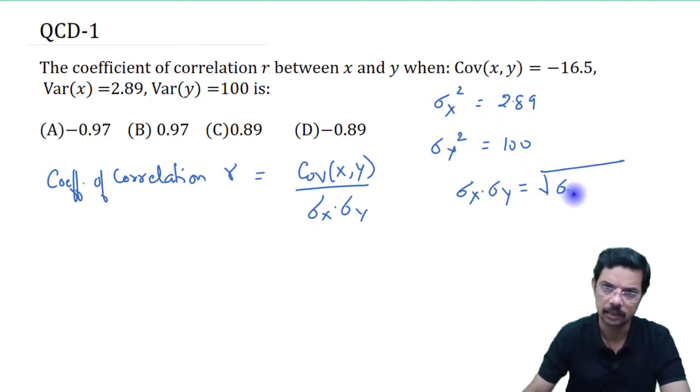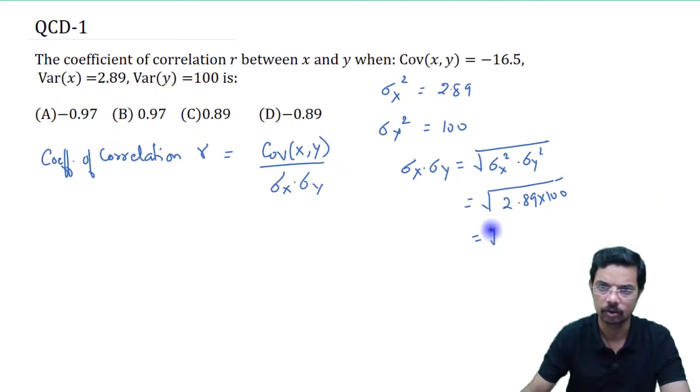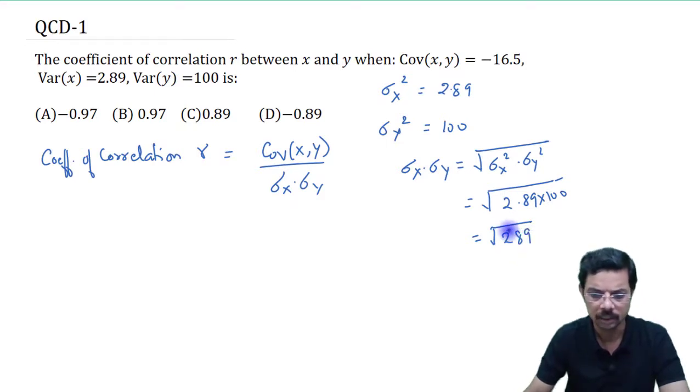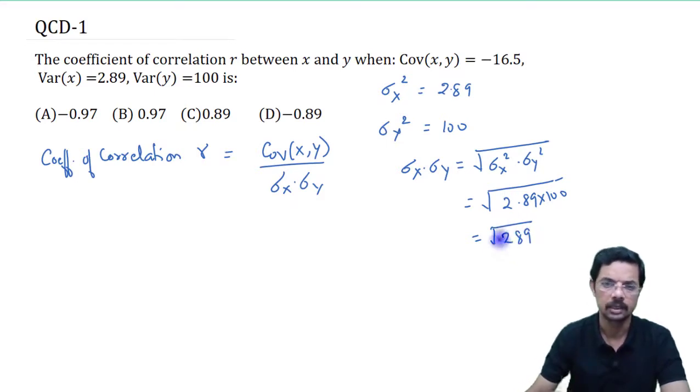That is sigma x square into sigma y square. So we shall take the product first of all: 2.89 into 100, and the root of that is equal to the square root of 289. What is the square root of 289?